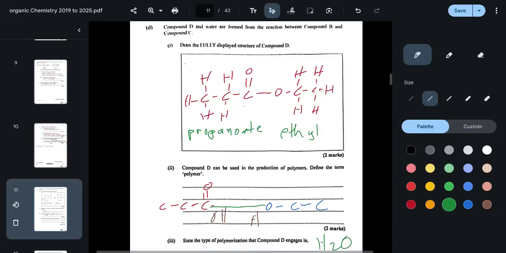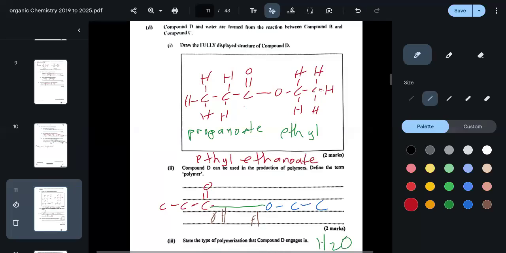But in the name, it's the alcohol that you put first. So the name of this ester is ethyl propanoate.